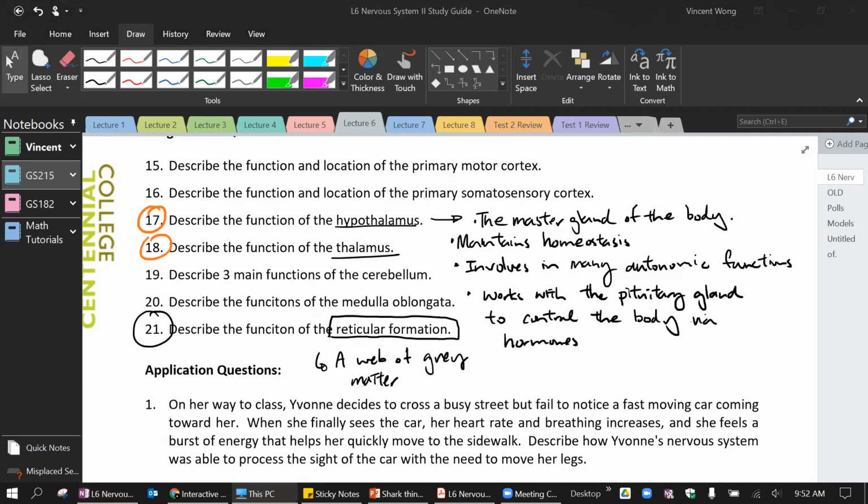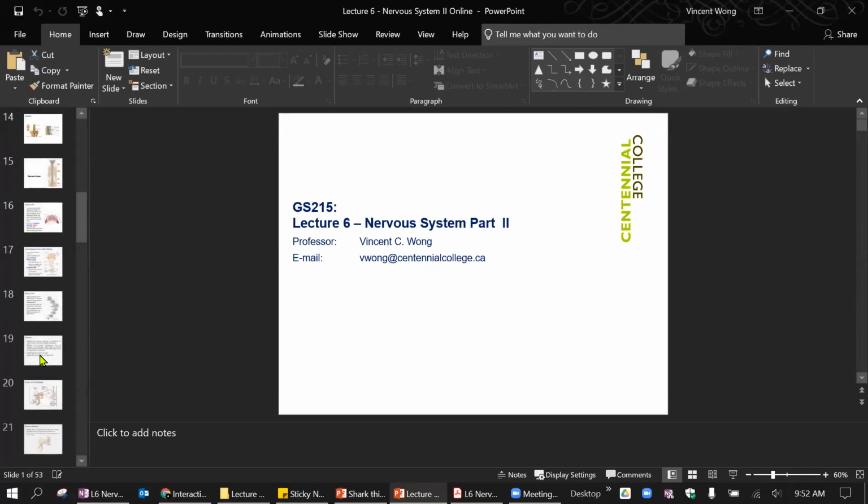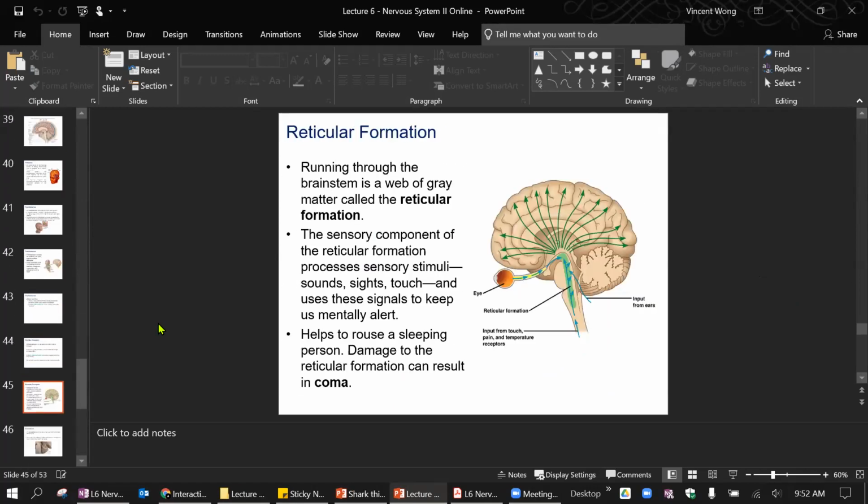It's much easier than me drawing it out. Where is it? Lectures. Okay, the reticular formation should be down here. There it is. So you can see the reticular formation.